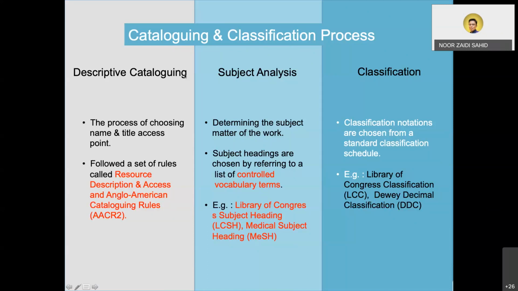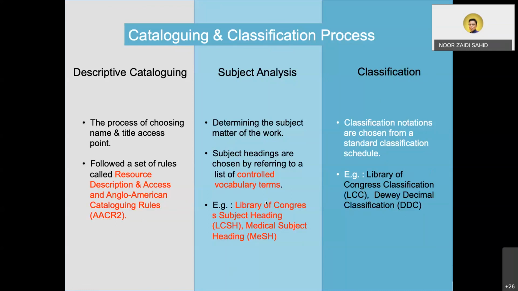So basically, to conclude this slide, there are 3 categories or 3 processes involved in cataloging and classification, and for each of these processes there is a set of rules you need to know: RDA, AACR, LCSH, MeSH, LCC and DDC. But it is not limited to these only. There are many more. These are the most prominently used in the world and in Malaysia as well.